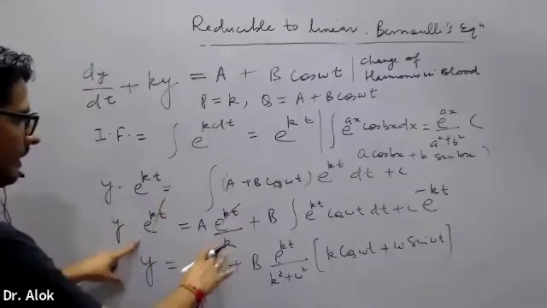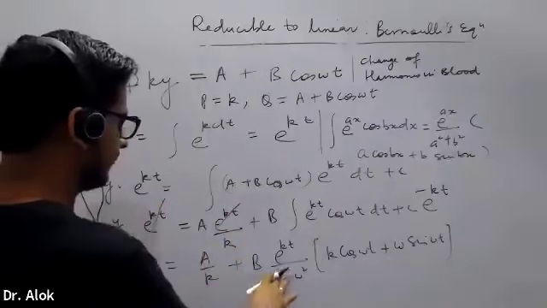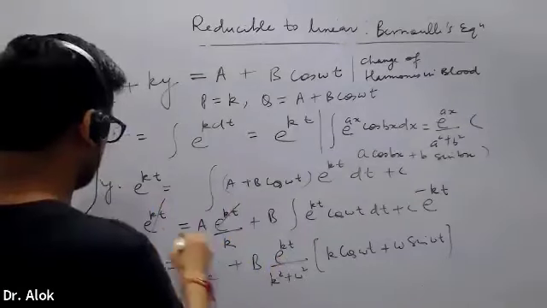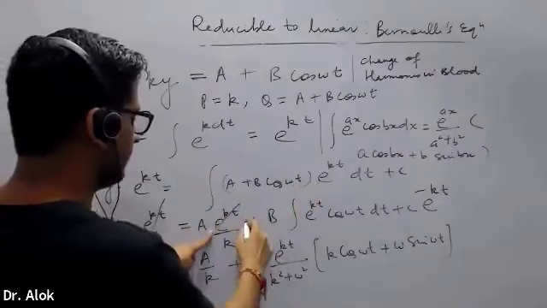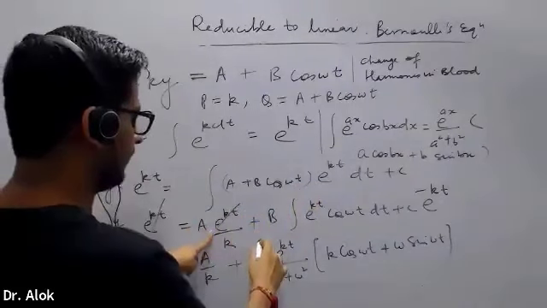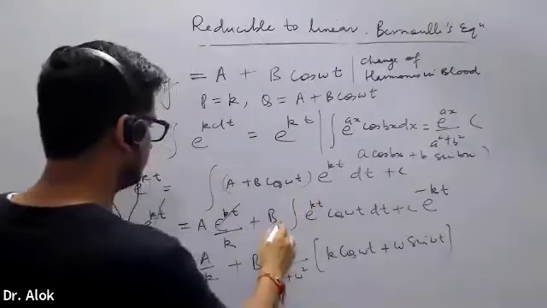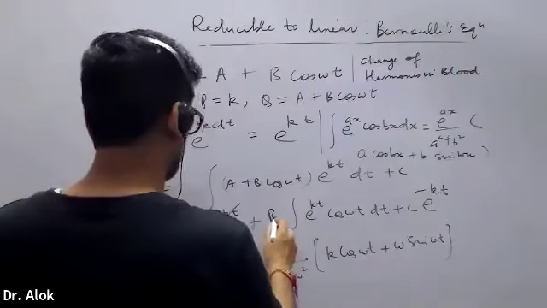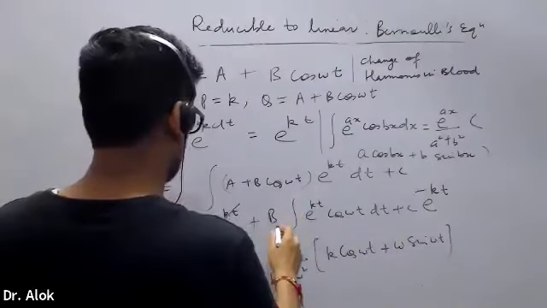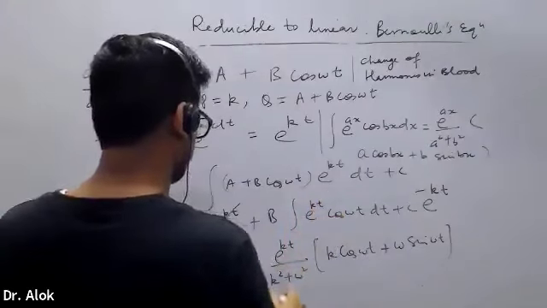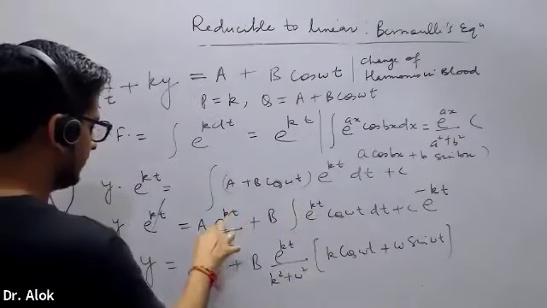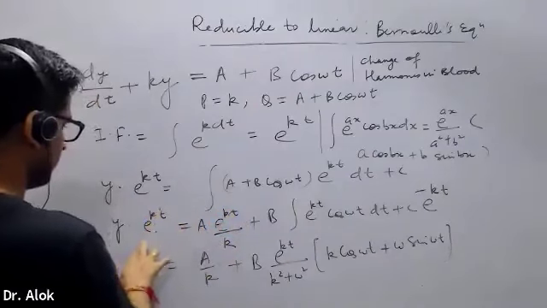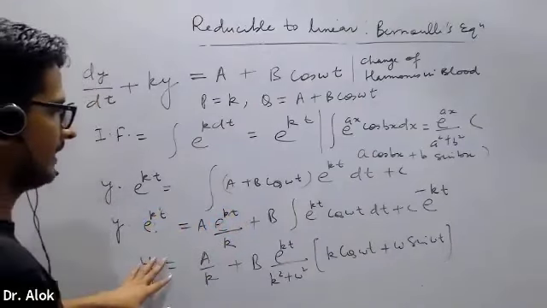And the last second step. Wait. So here it is e to the power kt, and here it is already integrated, and here I should write b by e to the power kt after integration. You just wait, I will not cancel it here. Last step I can do it.